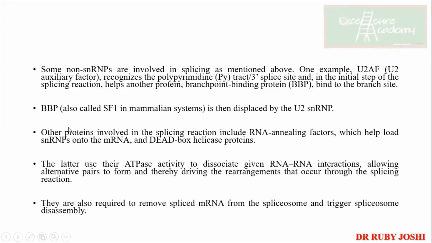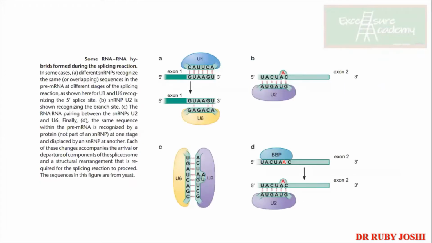So what is BBP? BBP is nothing but the branch point binding protein. There are certain non-snRNPs which are involved in splicing. For example, U2AF. AF is for auxiliary factor, यानी कि वो help करता है आपको. So U2, अभी हमने देखा, it binds to your exon 2. So U2 has subsidiary proteins.